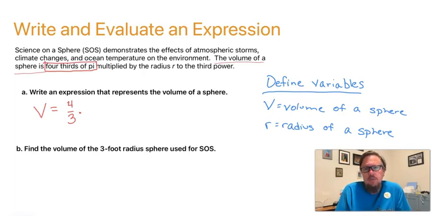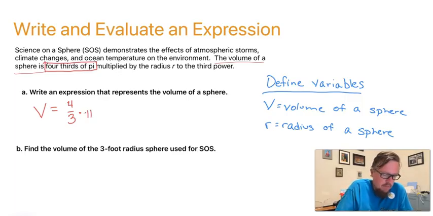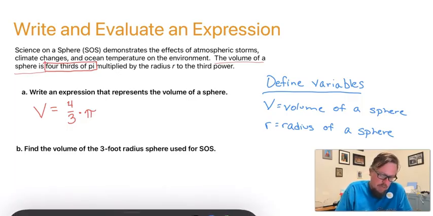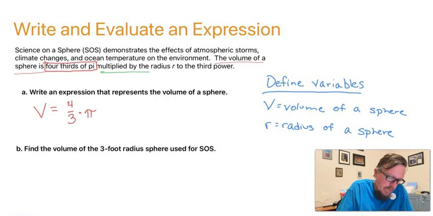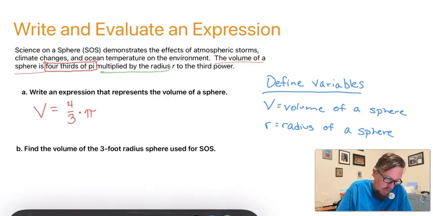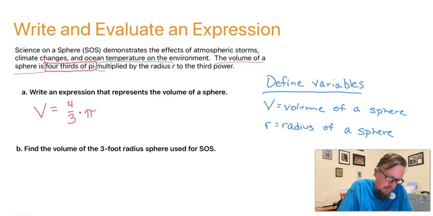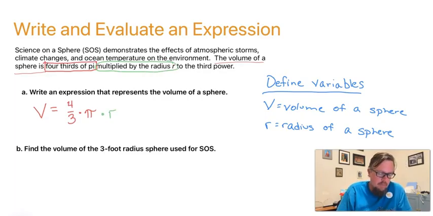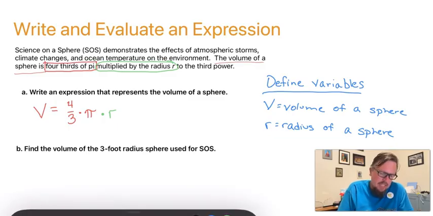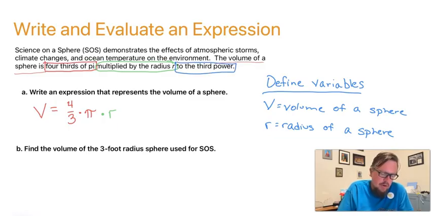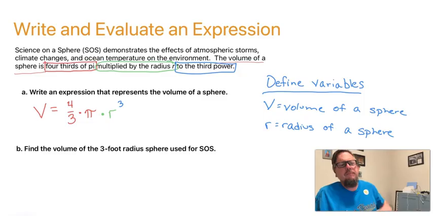It doesn't tell us what to use for pi, so we're just going to use the pi symbol. So 4/3 pi. And then what are we doing with that 4/3 pi? Well, then it says multiplied by the radius r. Multiplied by the radius r means times r. And then the very last thing says to the third power. So it's r to the third power, which is r with an exponent of 3.